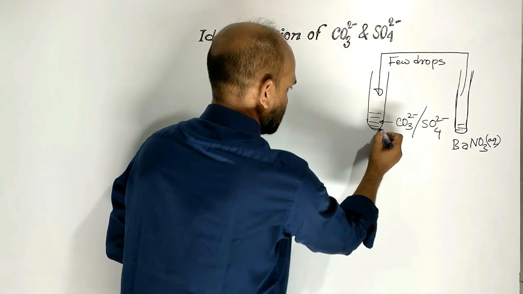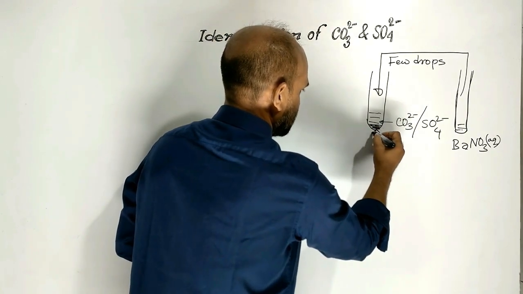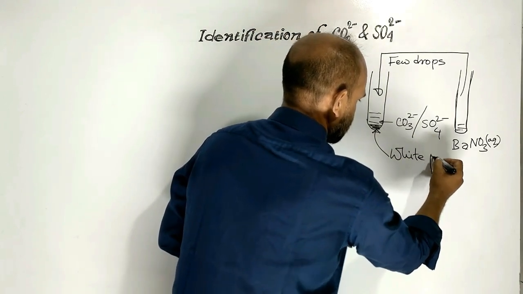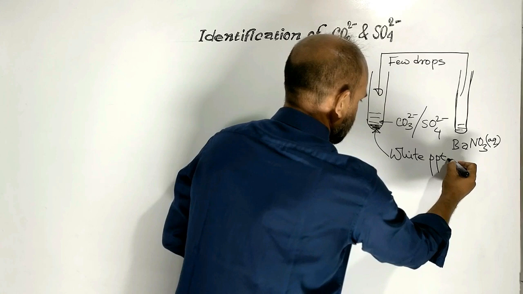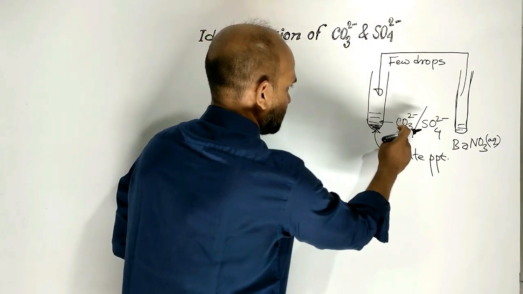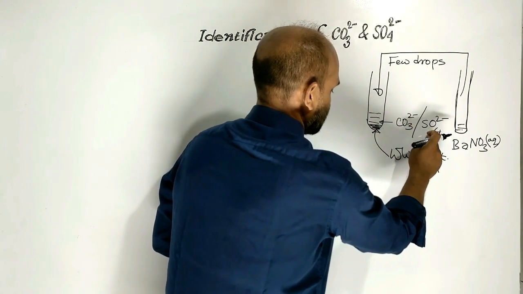Immediately, here we observe white precipitate. This white precipitate confirms the presence of either carbonate ion or sulfate ion.